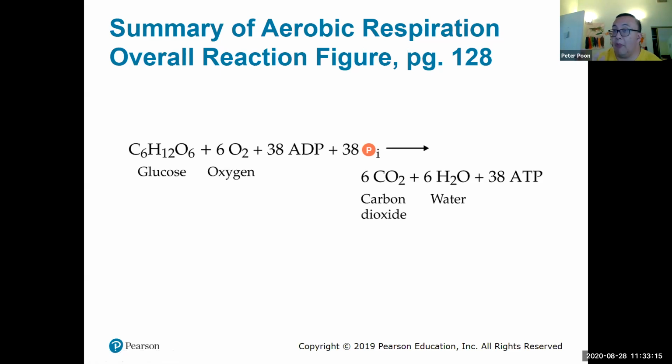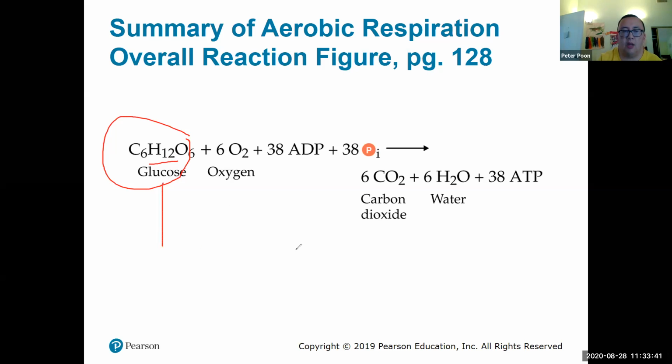Now I'm going to explain this in terms of oxidation and reduction. Reduction is having hydrogens. I explained that reduction is having electrons and hydrogens. I have a whole bunch of hydrogens here, the H12. I lost all my hydrogens here, so the glucose got oxidized.